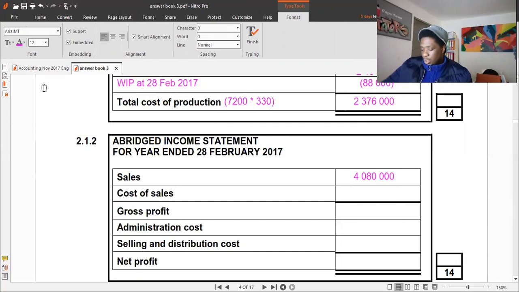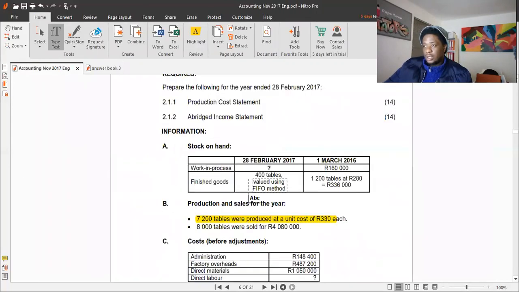In order to calculate cost of sales, in these types of examples, the way to calculate cost of sales is obviously to take the opening balance plus purchases. In this case, the purchases would be the units that have been produced this year, and then subtract the closing balance. So let us look at the opening stock of finished goods.